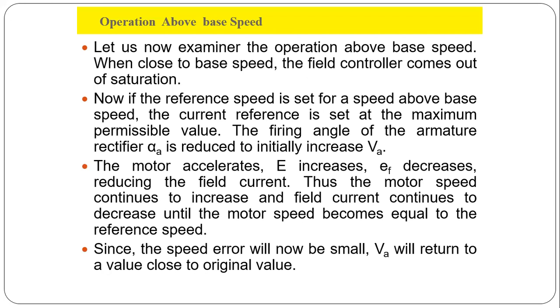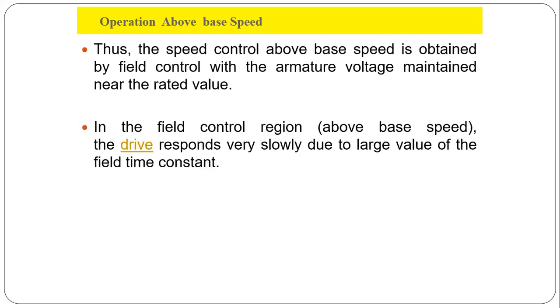Since the speed error will now be small, the armature voltage will return to a value close to the original value. Therefore, speed control above base speed is obtained by field control with the armature voltage maintained near the rated value.